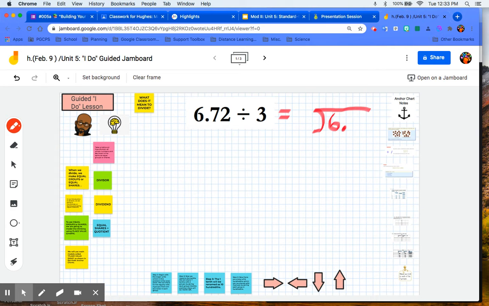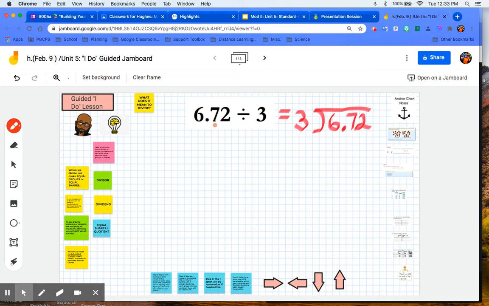Division can be represented in many different ways. Wait till we get into fractions, I'm going to really blow your mind. But anyway, back to division. 2 different ways. Now, each number's placement has a name.